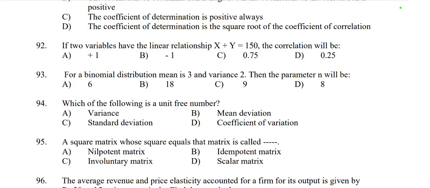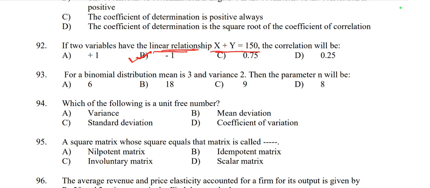When these two are linearly related, x plus y is equal to 150, so x is equal to 150 minus y, or y is equal to 150 minus x. So the correlation will be minus 1, because two variables have a perfect linear relationship.